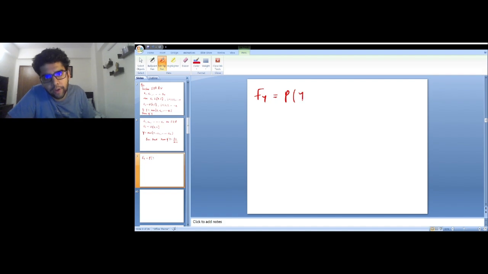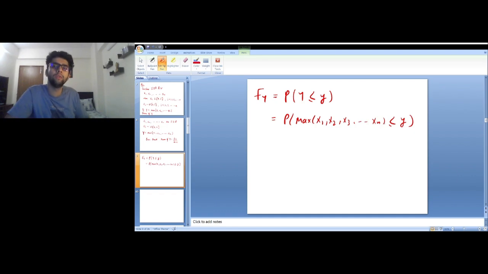So now we need to find the CDF of y. The formula for CDF is probability of y less than or equal to small y. Here y is the max of all of x1, x2, x3 till xn, less than or equal to y. If the max of all of these values is less than y, then individually all of these variables x1, x2, till xn are less than y.